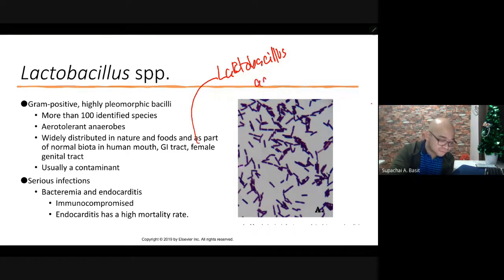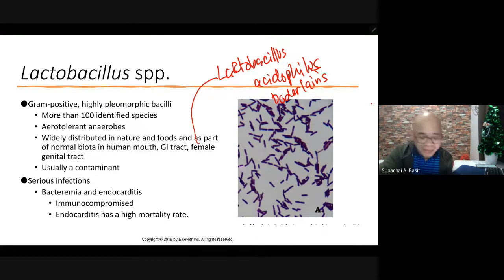Because in females, they have Lactobacillus acidophilus. This is a very important vaginal flora. Lactobacillus acidophilus maintains the vaginal pH to be acidic, and it is commonly known as the Doderlein's bacillus.